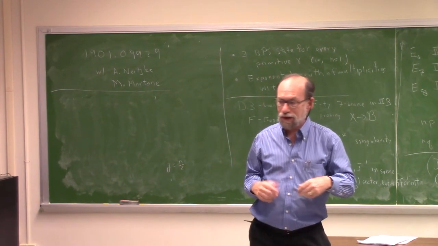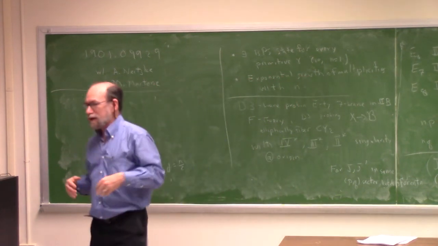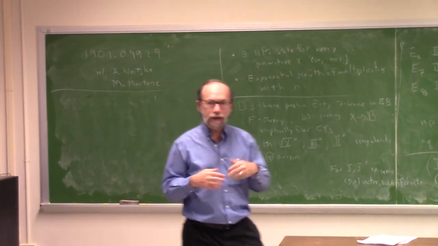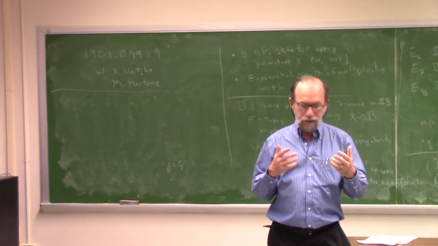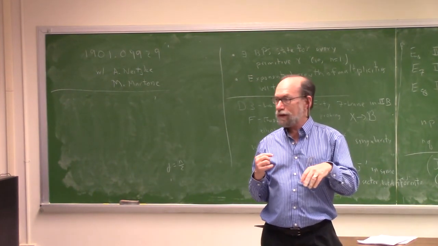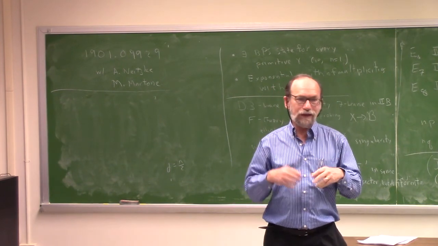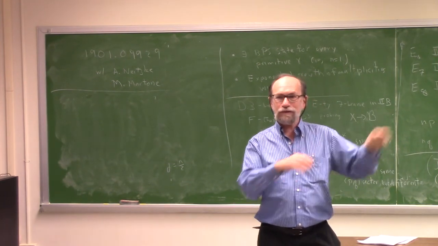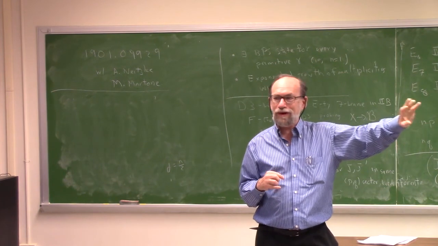That's a more complicated story, and the one real disadvantage in developing this technology is we don't have the crutch of this spectral network computation, because those are just too hard for higher rank.